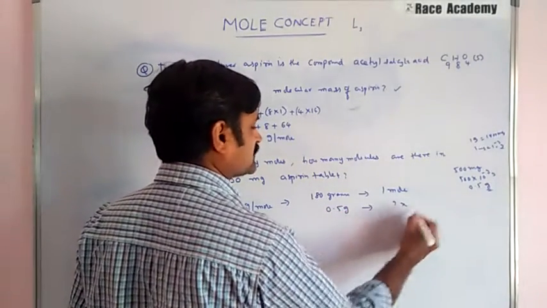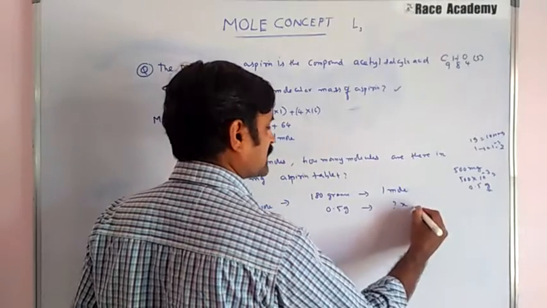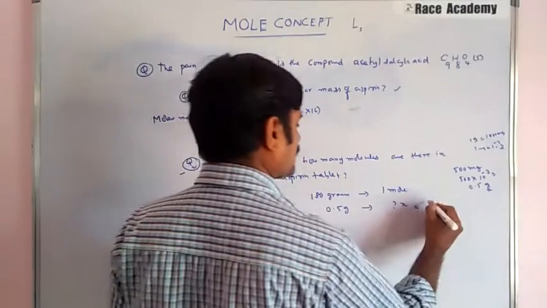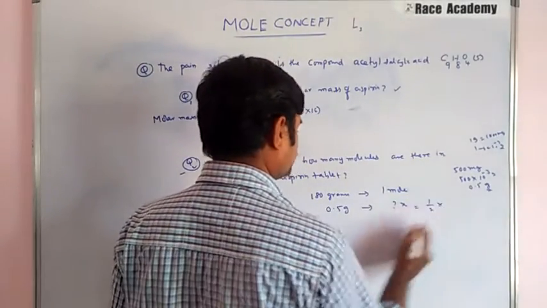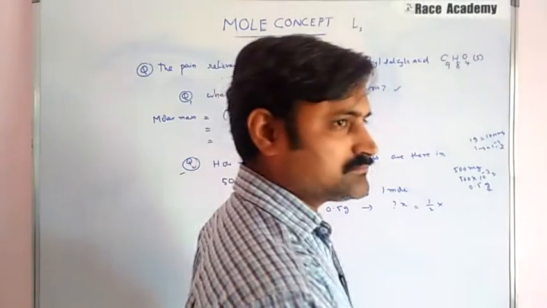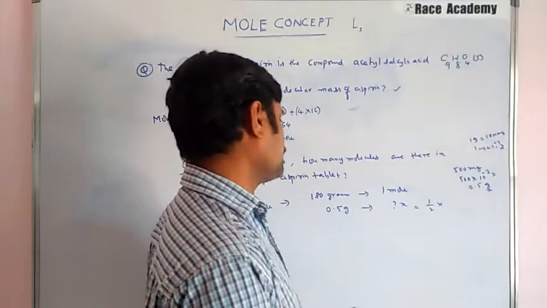Like say x. So what is x here? 0.5 is 1 by 2.